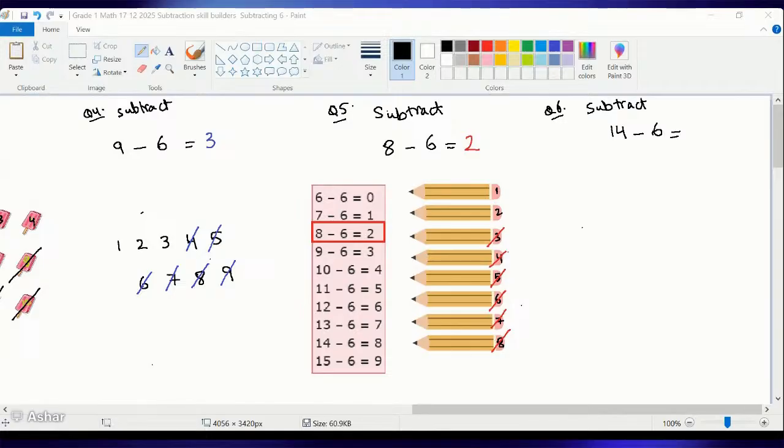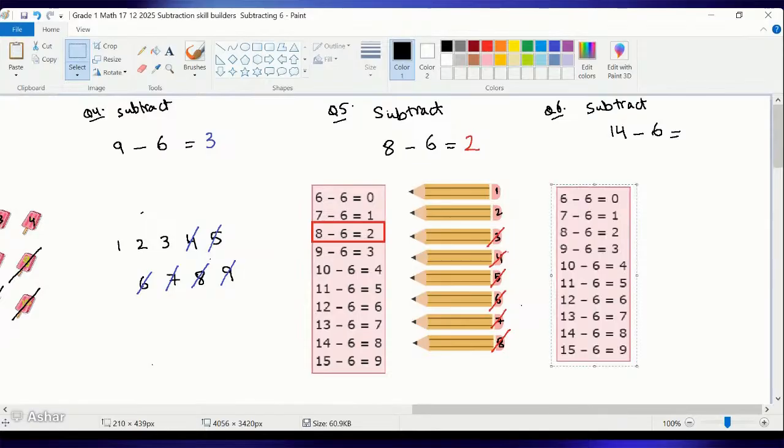If this set of values is given to us and we need to find 14 minus 6, where 6 is subtracted from 14, we can say that 14 minus 6 is equal to 8, right?